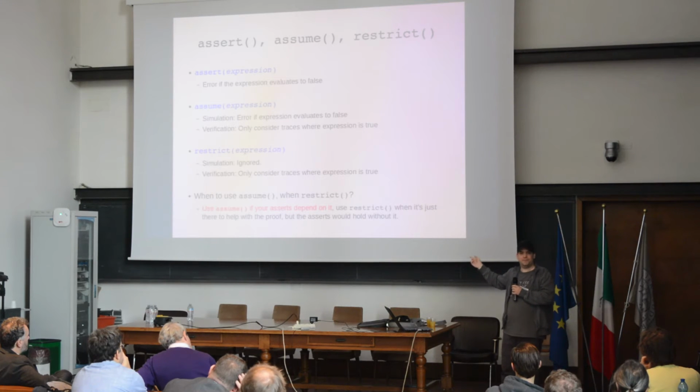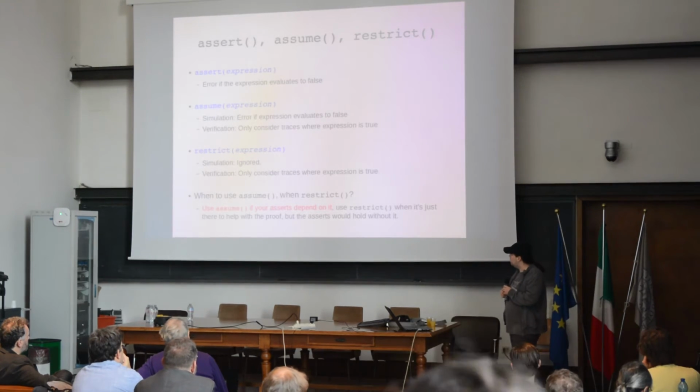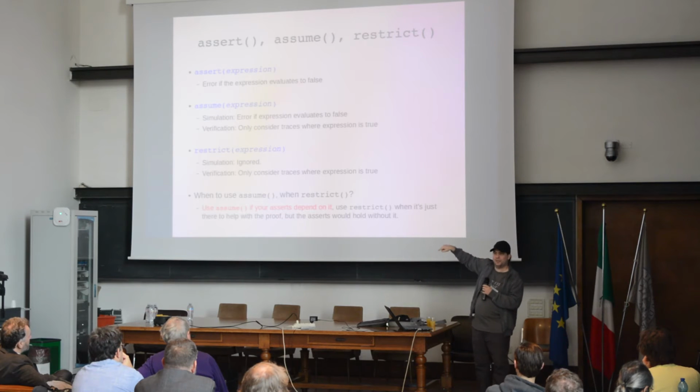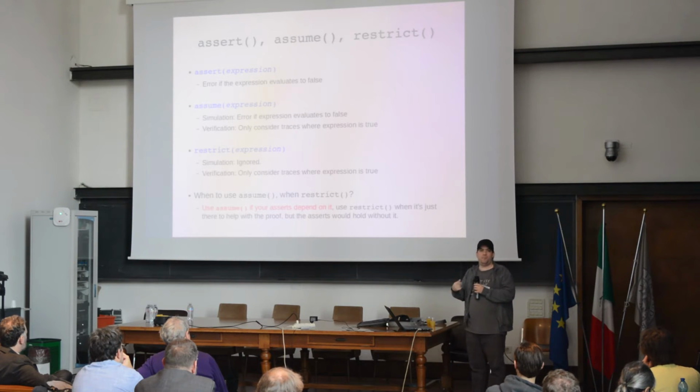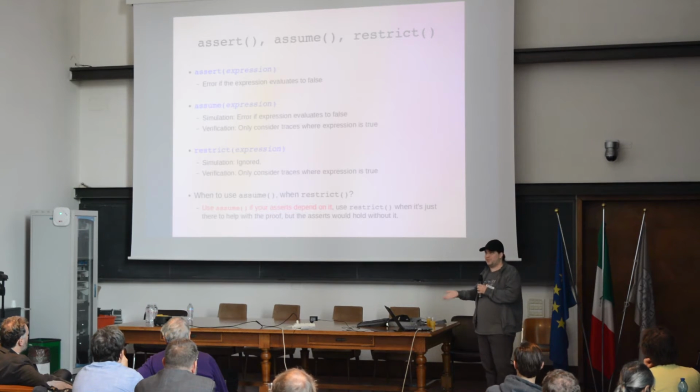So we have seen this, we've seen the counter will never reach 10. This was an assumption, so all traces where the counter would pass over the value 10 have been ignored. The third statement is restrict, and restrict is ignored in simulation, but for verification it has the same behavior as assume. So this naturally brings us to the question, when would you like to use assume and when would you like to use restrict?